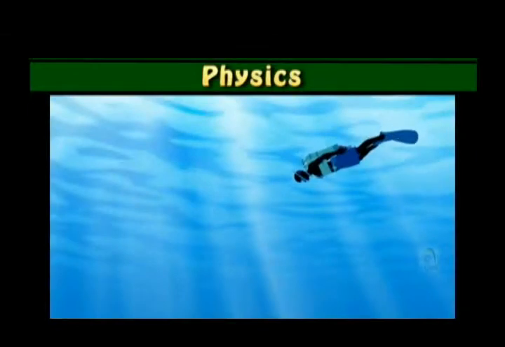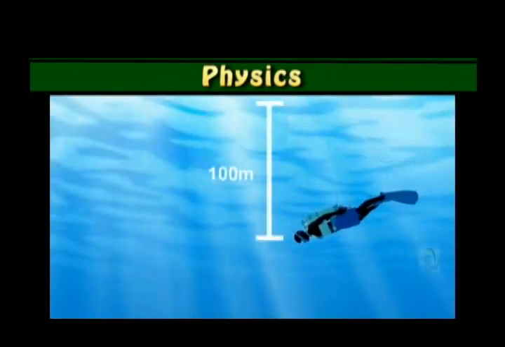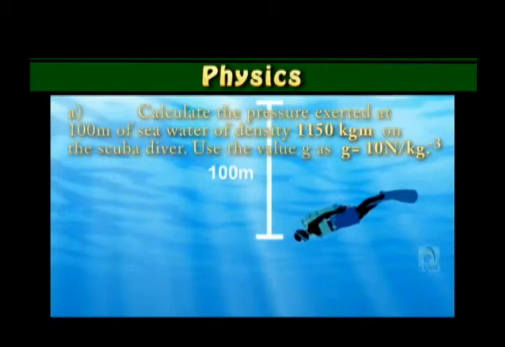Let us consider an example. A scuba diver is 100 meters below the surface of the sea. A. Calculate the pressure exerted on the scuba diver by 100 meters of seawater of density 1,150 kilograms per meter cubed. Use the value g equals 10 Newtons per kilogram.